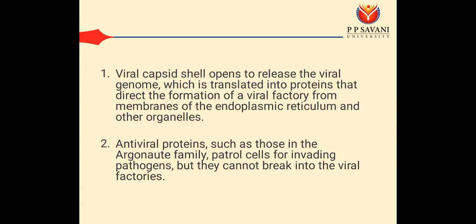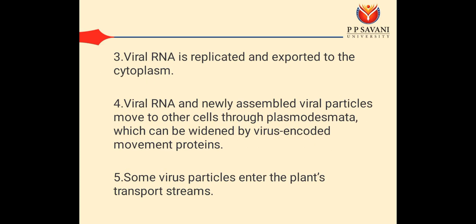The viral capsid opens to release the virus genome, which is translated into proteins that direct formation of the viral factory from the endoplasmic reticulum and other organelles. Antiviral proteins target invading pathogens, but they cannot break into the viral factories.